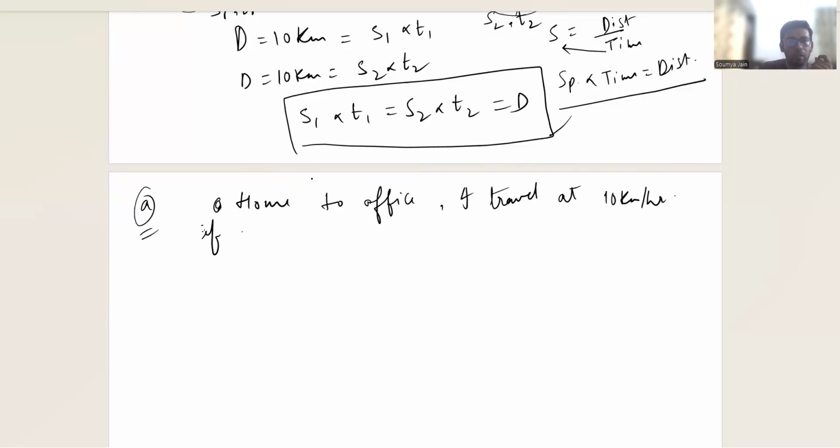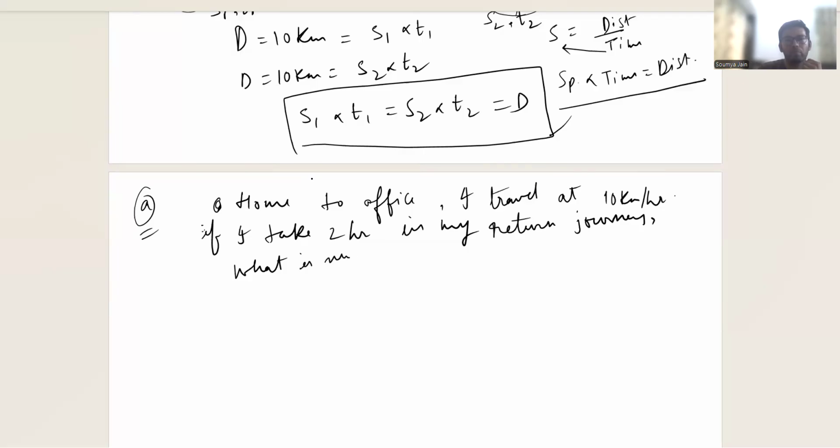If I take 2 hours in my return journey, what is my speed of the return journey?